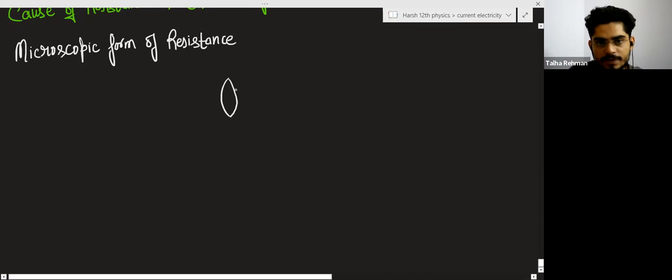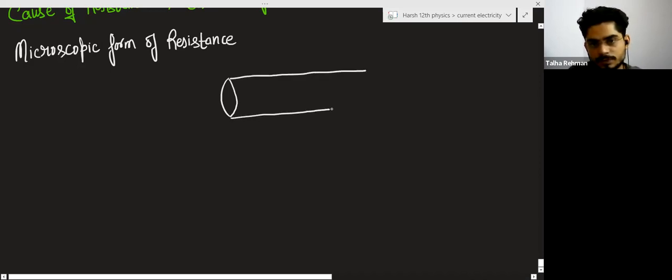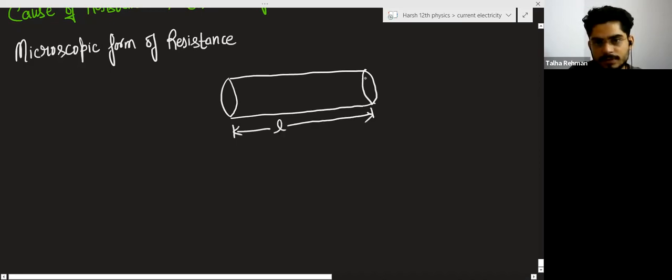Suppose you have a conductor here, this is again a cylindrical conductor, and I am taking L length. Area of cross section is not changing throughout the length, that is A.